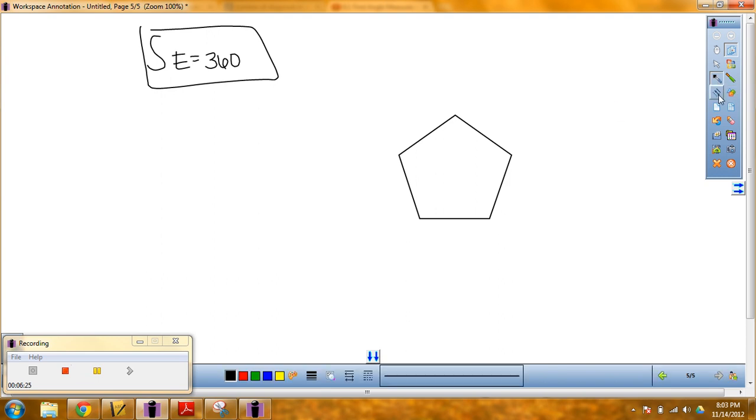Right? And again, we can extend all of our sides. There we go. Right, we extend all our sides. There's our exterior angles. So we know that these sum to 360. We know that this is regular, which means that all of our angles on the interior side are congruent. Therefore, all of our exterior angles are going to use the same supplementary pair.